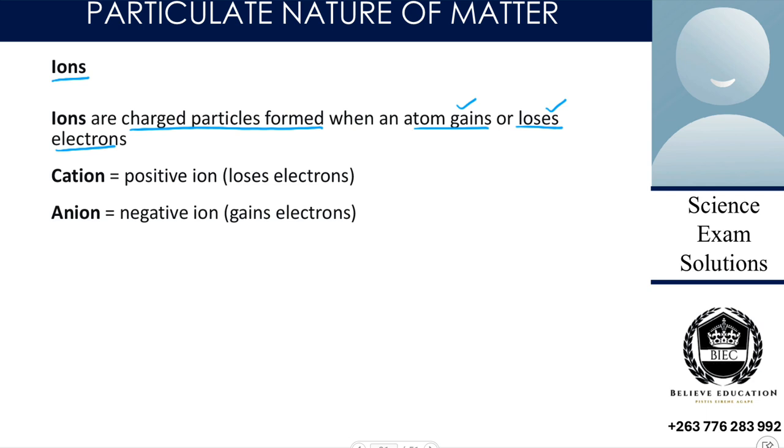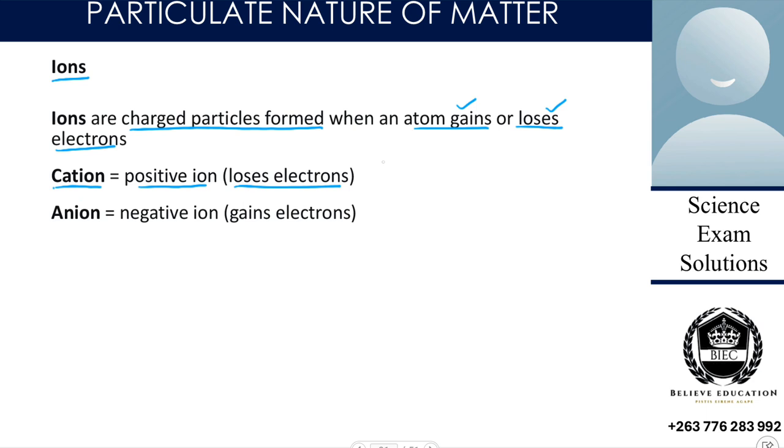But first of all, in this slide, we want to know that if an atom loses electrons, it forms what is known as a cation, or a positive ion. Are we together?